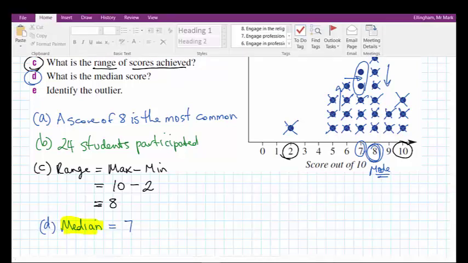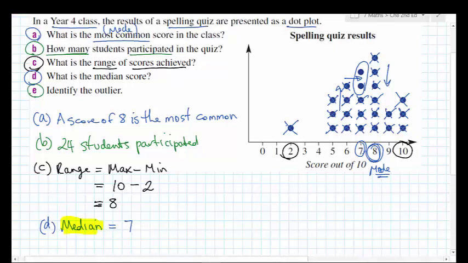And the last question wants me to identify what's called an outlier. So for E, an outlier is basically something that looks strange, or that doesn't belong there.